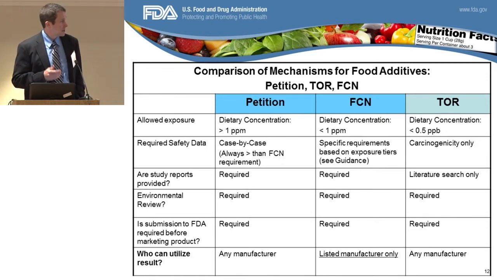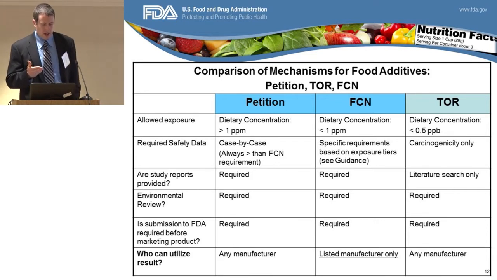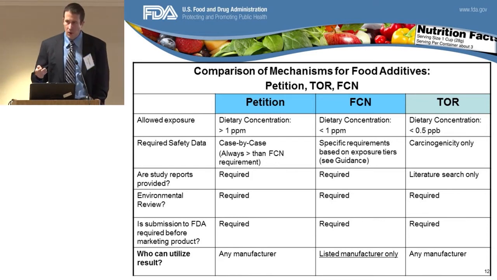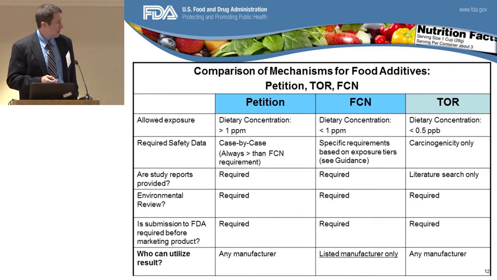If we look at petitions, since those are exposures greater than 1 part per million, we're really looking at that specific substance. What are the expected toxicological issues with that substance? And we would give recommendations as to what's required toxicologically on a case-by-case basis, but always that requirement would be greater than what's required for an FCN.